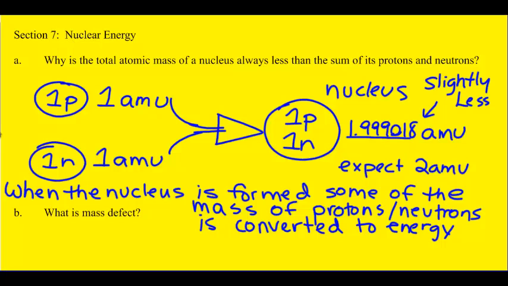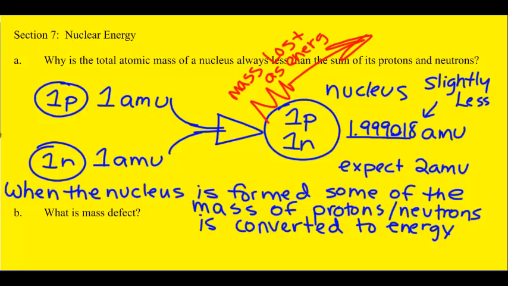So in making this nucleus, some of the mass gets shot out as energy. That amount of mass that's converted, as you can see, is a really, really small amount, but since it's traveling at the speed of light, it's a tremendous amount of energy.